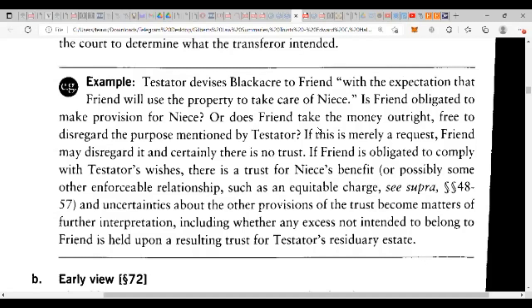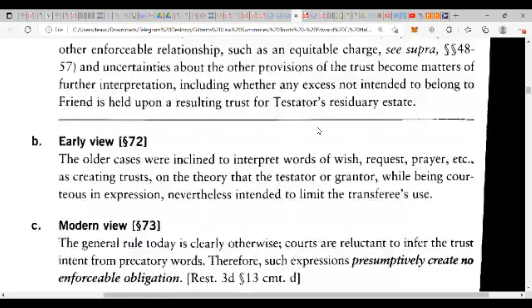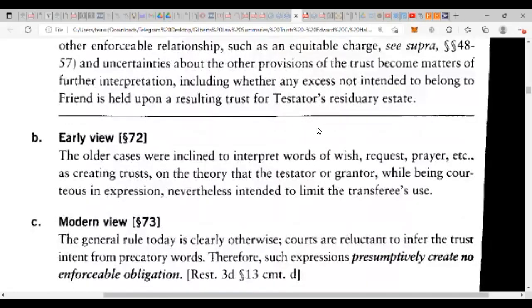If friend is obligated to comply with testator's wishes, there is a trust for niece's benefit, or possibly some other enforceable relationship, such as an equitable charge. See Sections 48 through 57. Uncertainties about the other provisions of the trust become matters of further interpretation, including whether any excess not intended to belong to friend is held upon a resulting trust for testator's residuary estate.